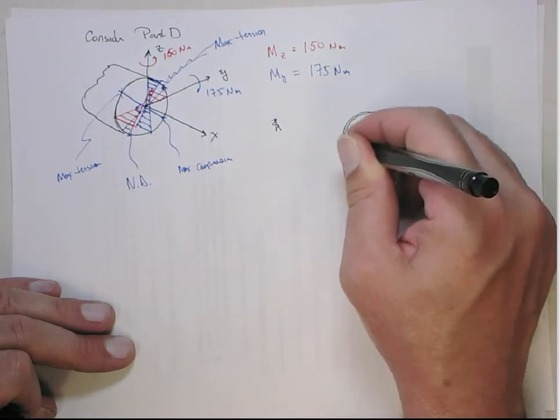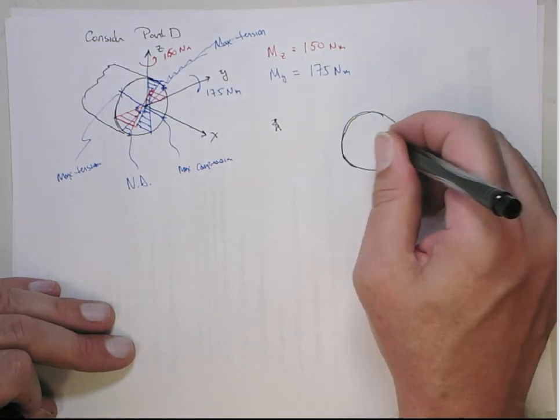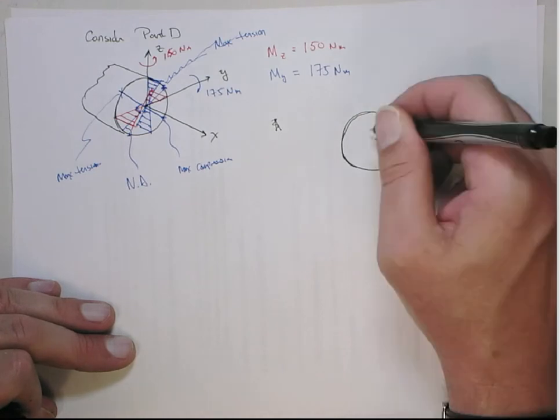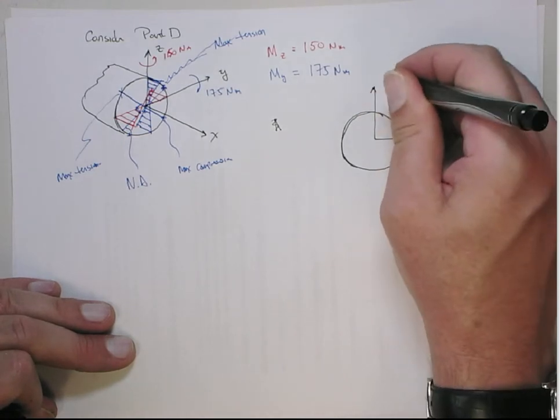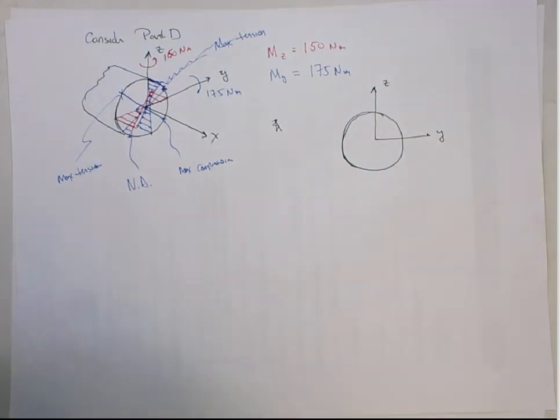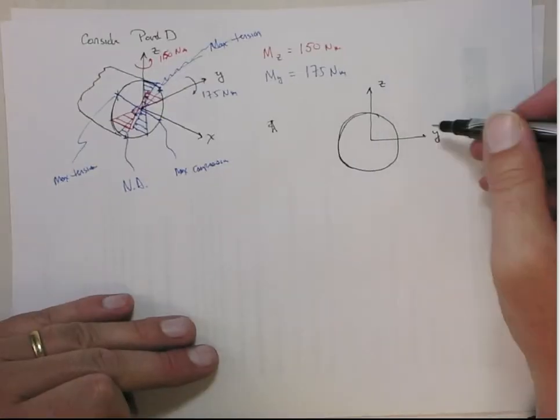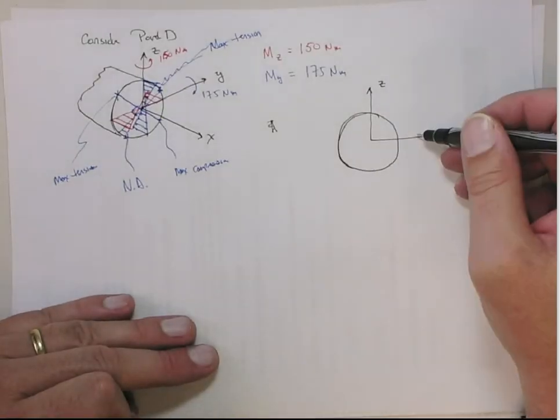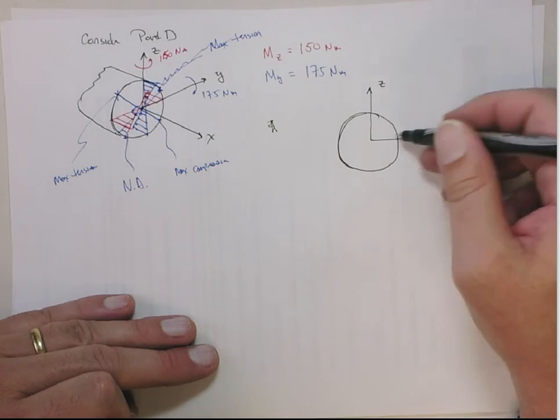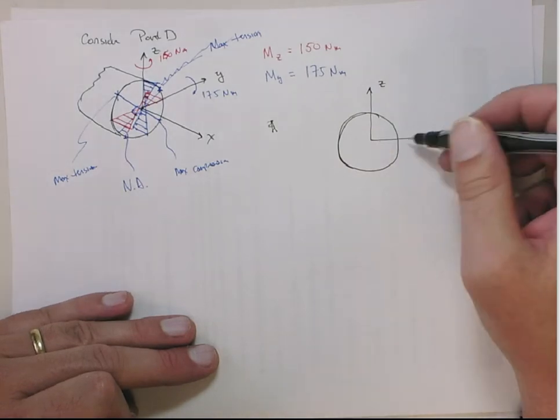Let's look straight on. Here is y. Here is z. All right, so if we draw the moment as a vector, what happens is I have 175 in z. So let's kind of measure this out.